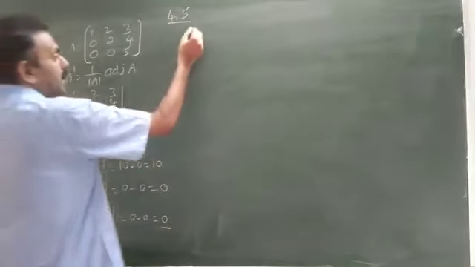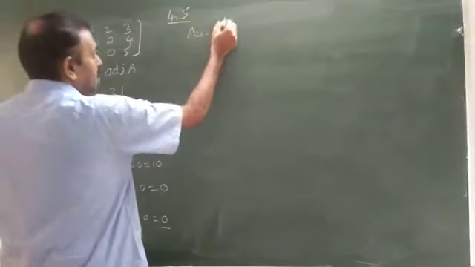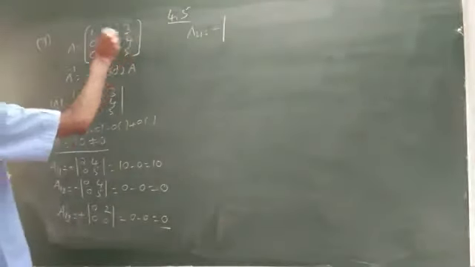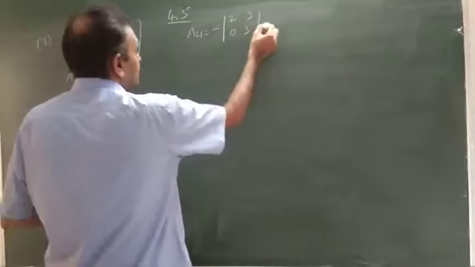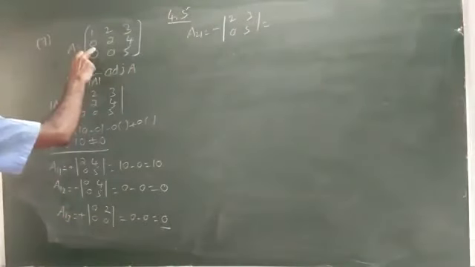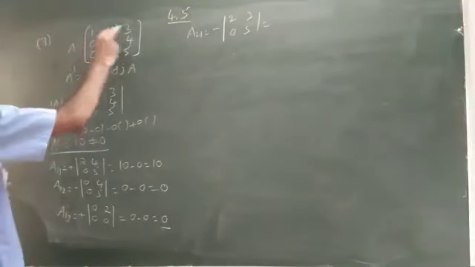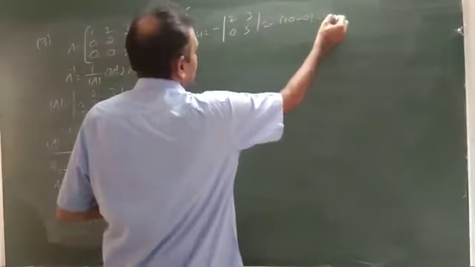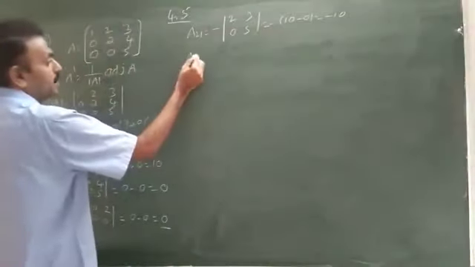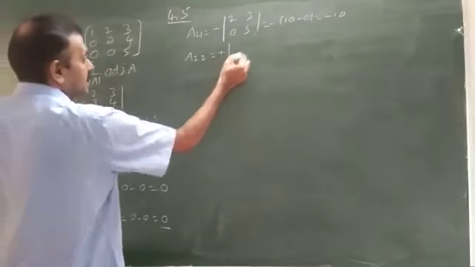Now you take up A21. Sign is minus. Leave the row and column: [2, 3; 0, 5]. You will be getting minus (10 minus 0), minus 10. To take up A22, it is plus.